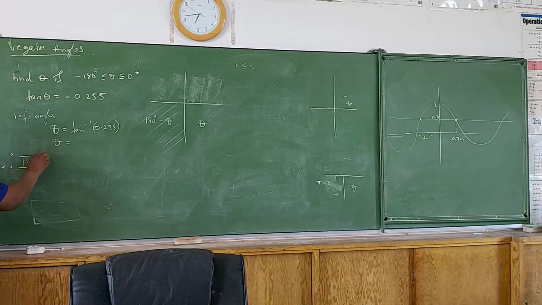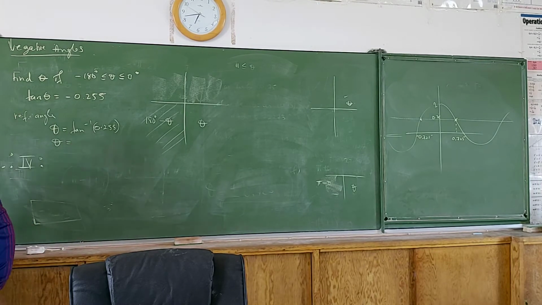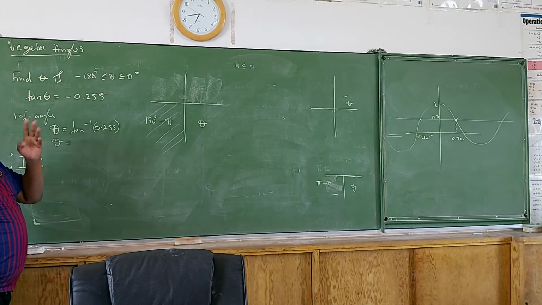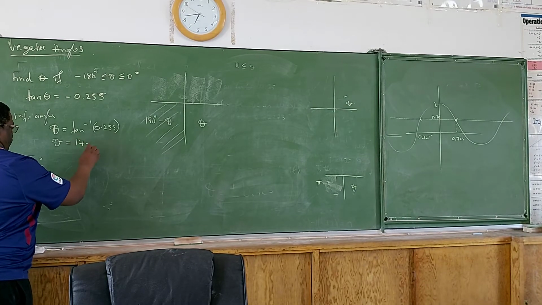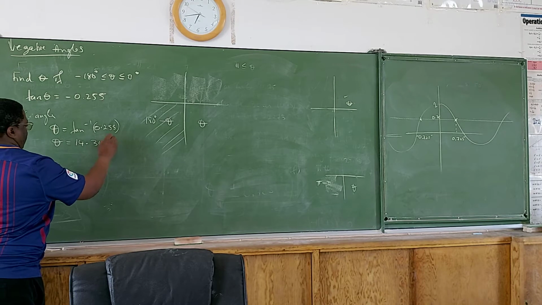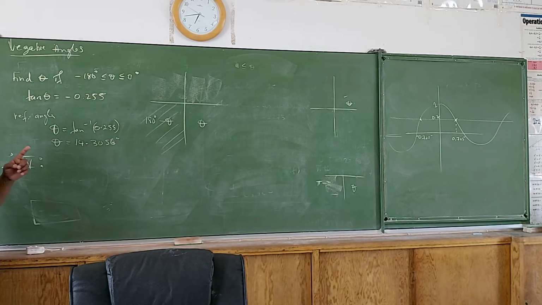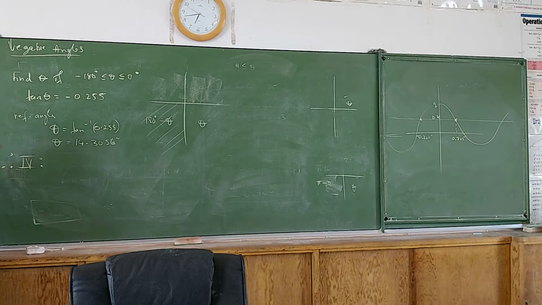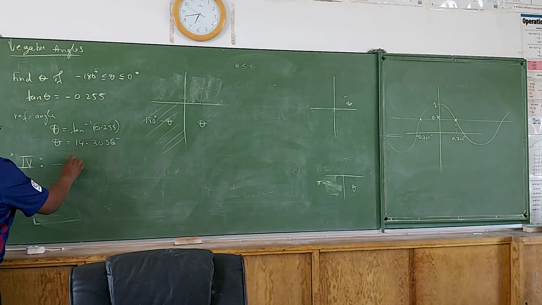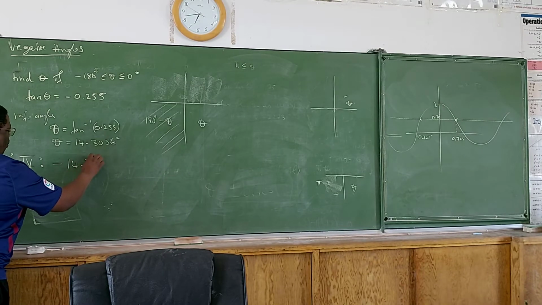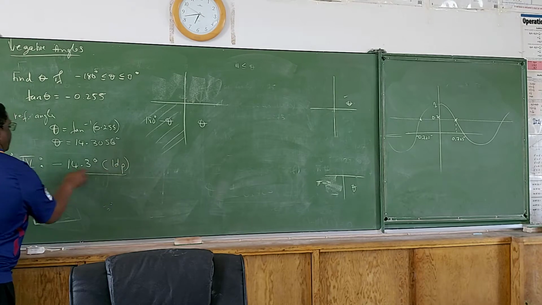How many decimal places? 14.2055, like that? Okay, so our solution is in the fourth quadrant. Exactly. And our answer will be negative 14.3 degrees, correct to 1 decimal place.